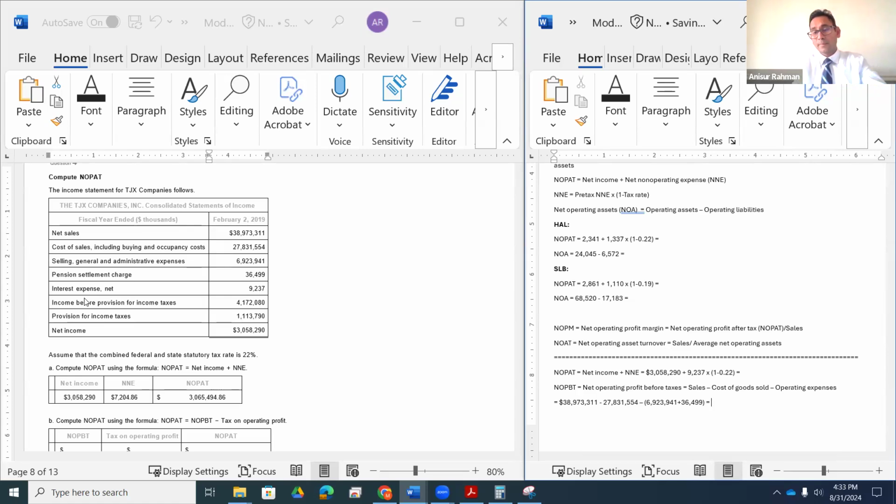So only operating expenses. Interest expense is not an operating expense.